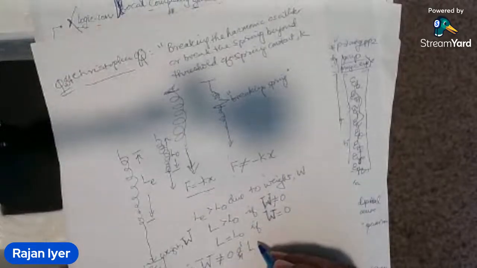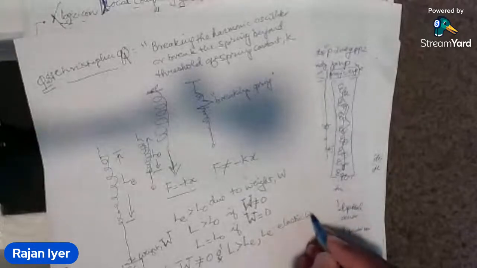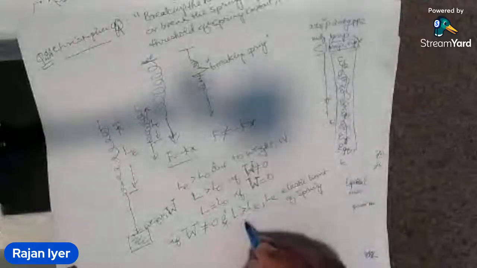and you have the stretch and the L greater than Le, where Le is the elastic limit of the spring. I think that's a fair term. If L is much greater than Le, then the spring can break.